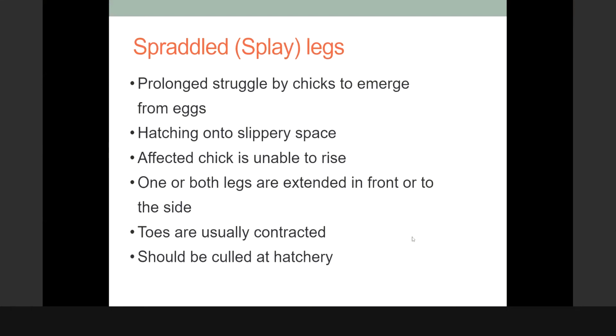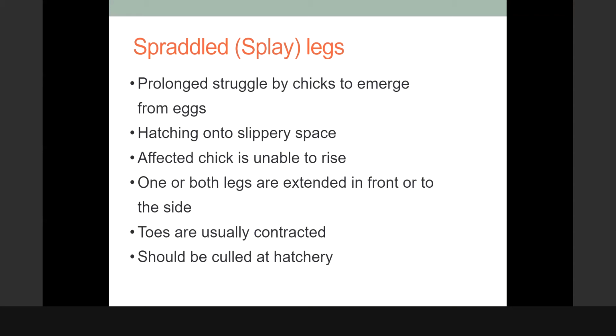Number 1 is spreader or splay legs. This is something that you may see at the hatchery level only. Usually, the chicks will be culled as soon as you see them. Once they hatch, if you see all these splay legs, they will be culled at the hatchery.